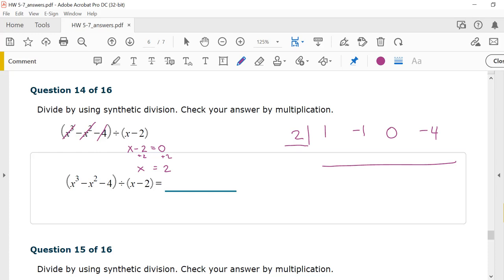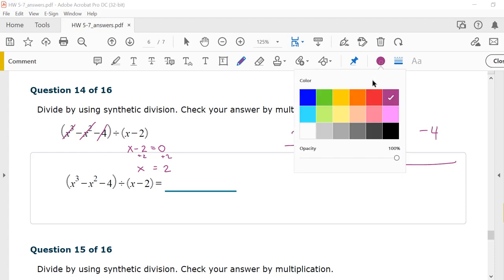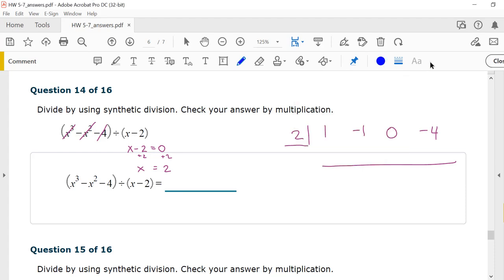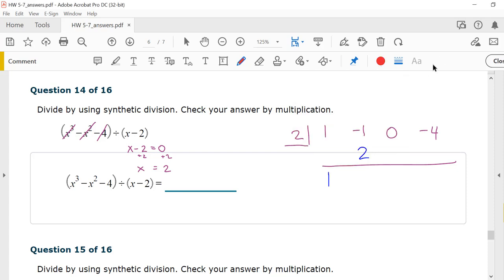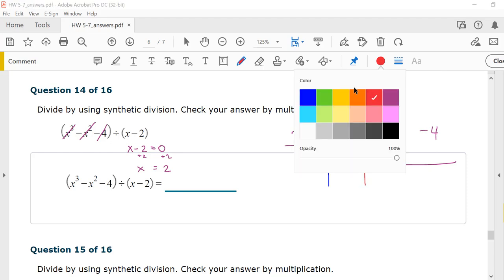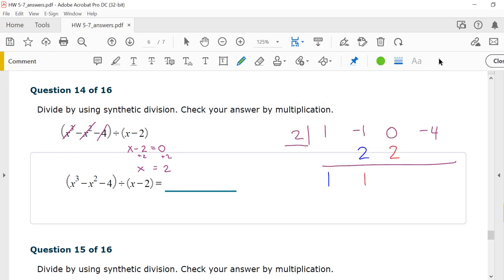Now remember, we just add going down, and then we multiply by the number in the half box to get back up. I go down, I get 1. 1 times 2 is 2. Negative 1 plus 2 is 1. 1 times 2 is 2. 0 plus 2 is 2. 2 times negative 2 is negative 4.